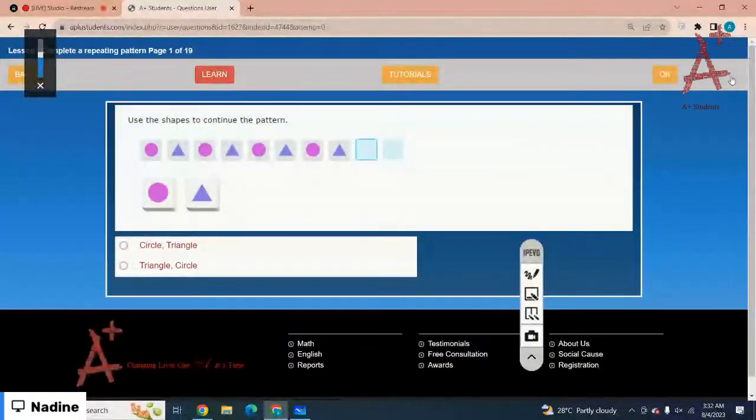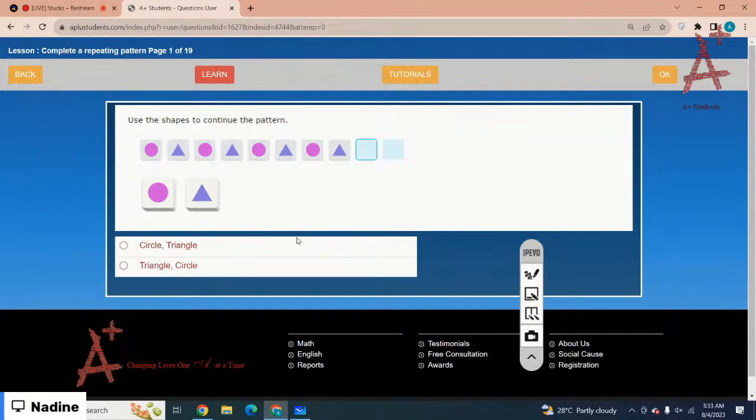Which is the shape after triangle? That means right after a triangle it would be, yes, option number one, a circle and a triangle.